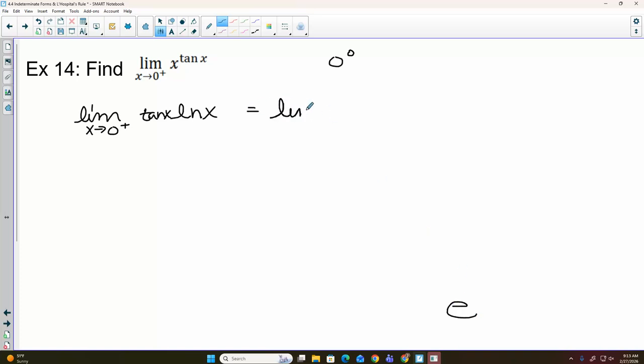Okay, I need to write this as a quotient. So what would go on the bottom? How do I move tangent to the bottom? All right, natural log of 0, that's a vertical asymptote, it's approaching negative infinity. Cotangent of 0 is undefined, it's a vertical asymptote, so we have infinity over infinity, which means L'Hopital's.